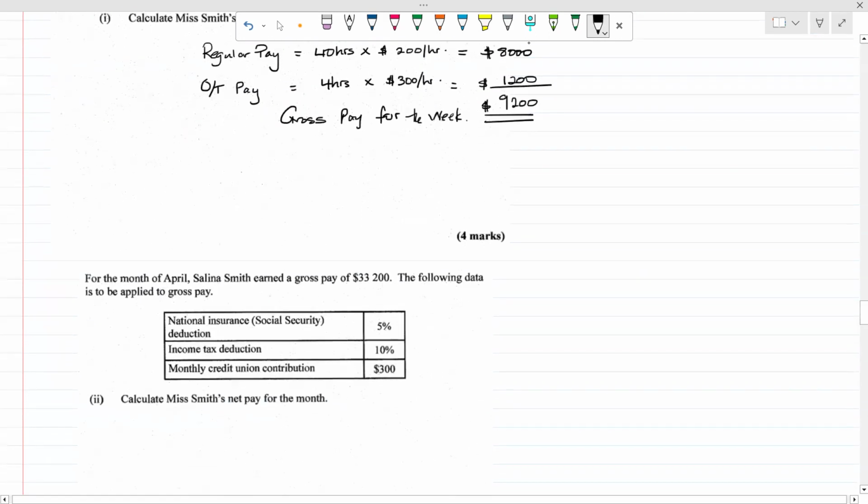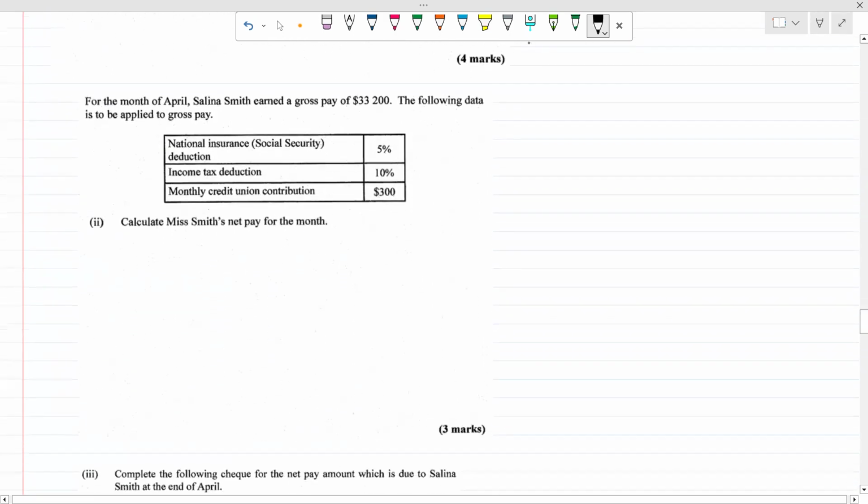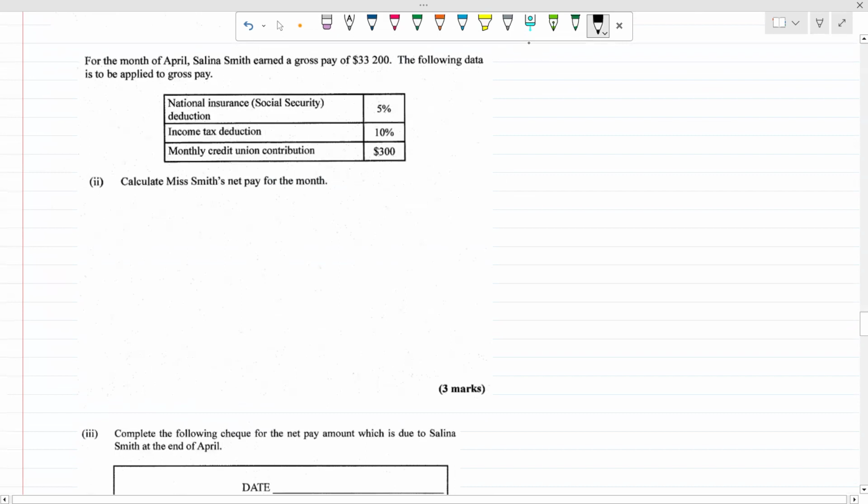For the month of April, Selena Smith earned a gross pay of $33,200. The following data is to be applied to her gross pay: national insurance deduction of 5%, income tax deduction of 10%, and a monthly credit union contribution of 300. Calculate Selena's net pay for the month.